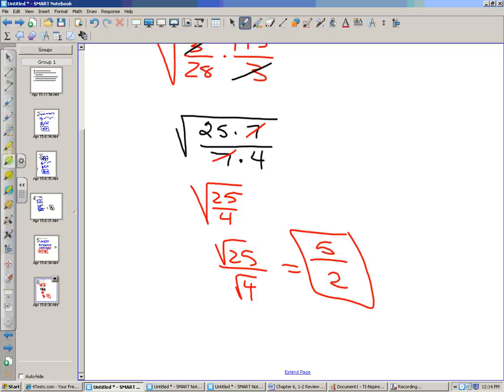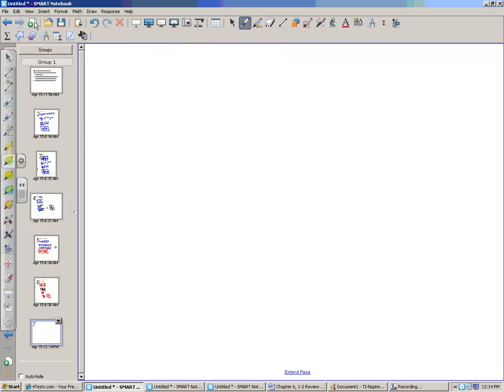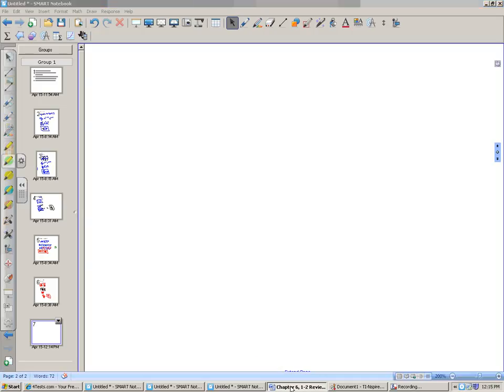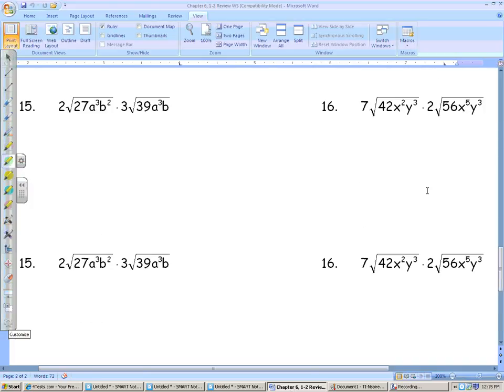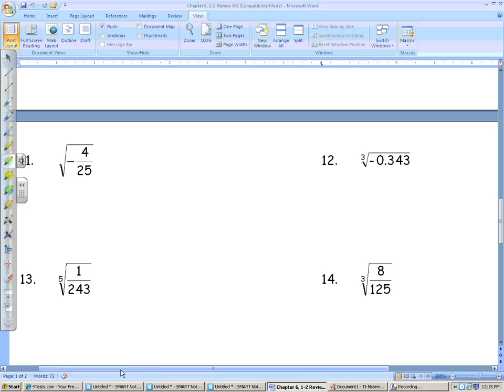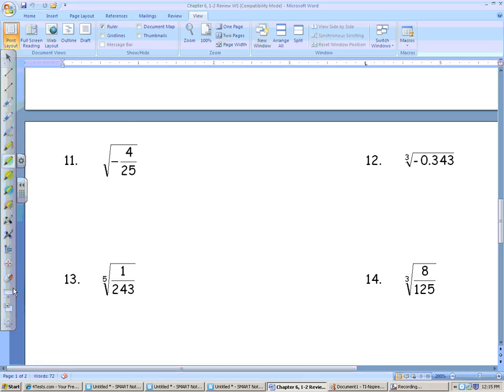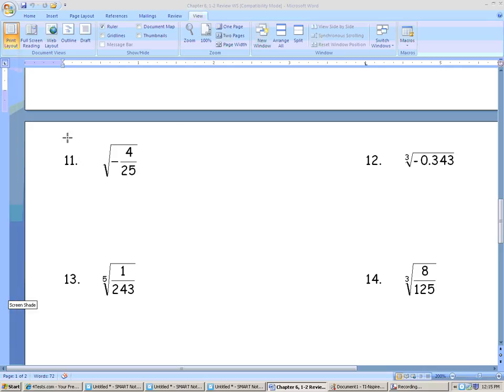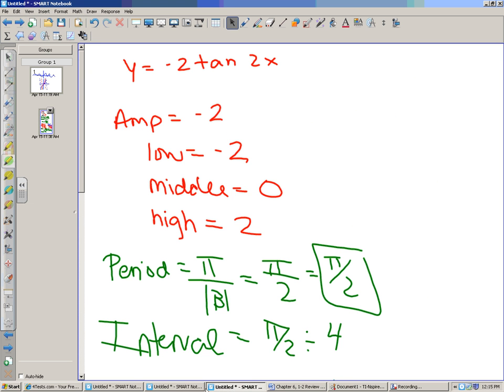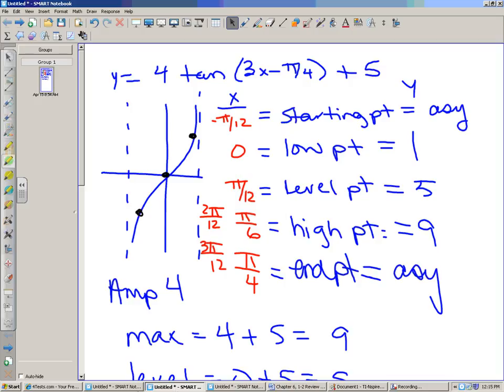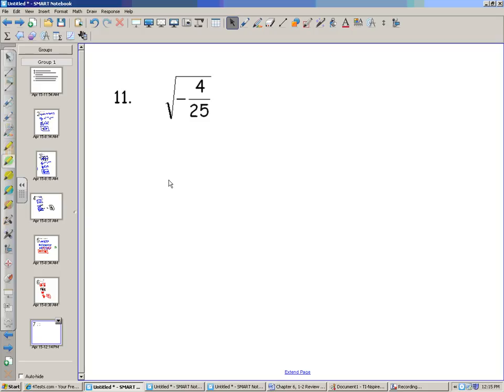Number 11. On number 11 there, the directions say what?